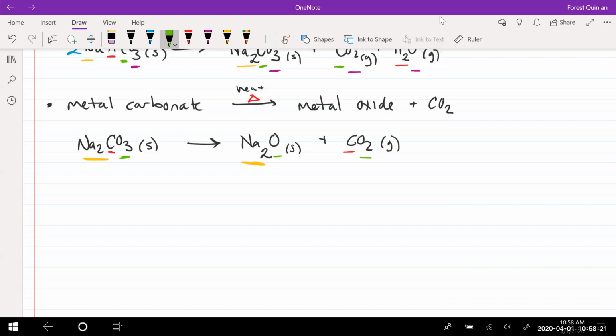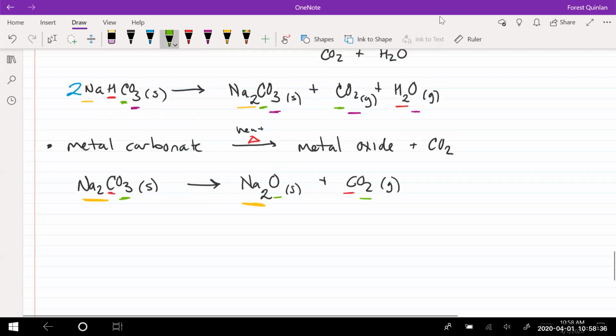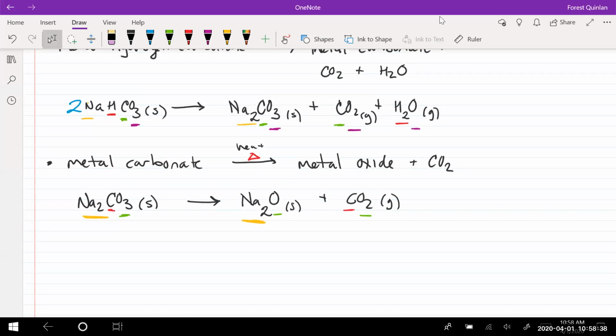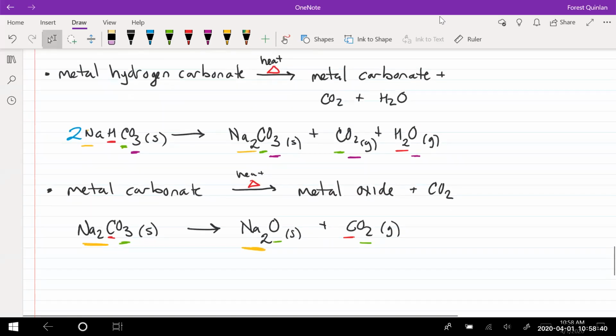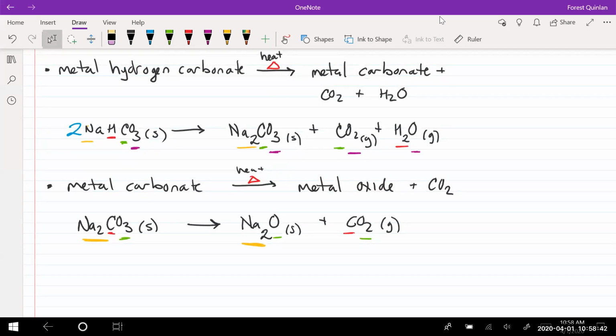Now, in full disclaimer, with decomposition, these two are the hardest ones to try to remember. If you get these, great. If these are the last thing you end up learning, great.